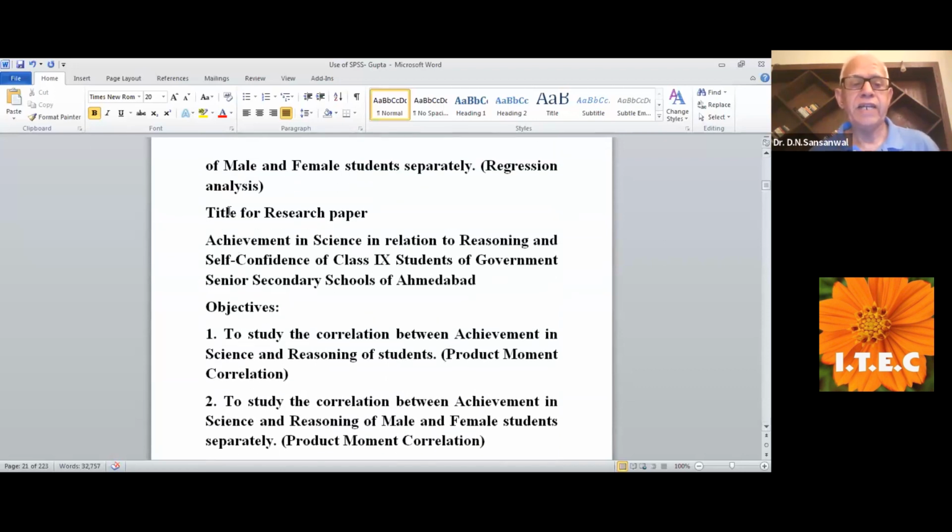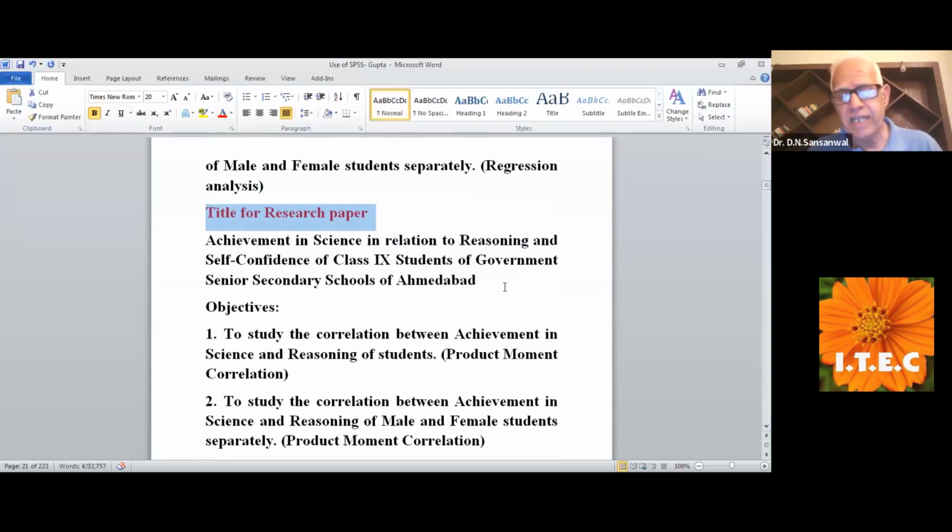This is the title for the research paper. Achievement in science in relation to reasoning and self-confidence of class 9th student of government senior secondary schools of Ahmedabad. So now you just change the title.